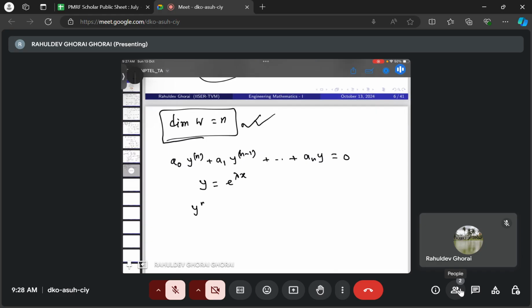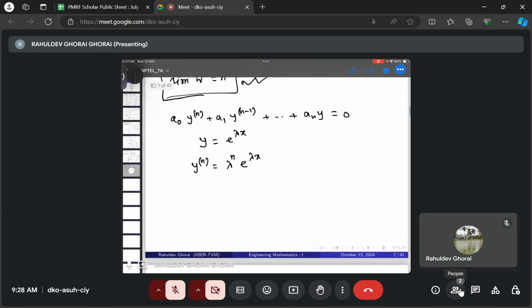The nth derivative y n will be lambda to the n, it's not the nth derivative now, it's the nth power, times e to the power lambda x, and the (n minus 1)th derivative of y will be lambda to the n minus 1 times e to the power lambda x. Okay, we'll keep on going.